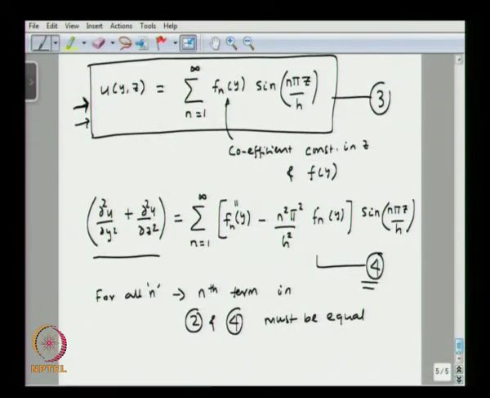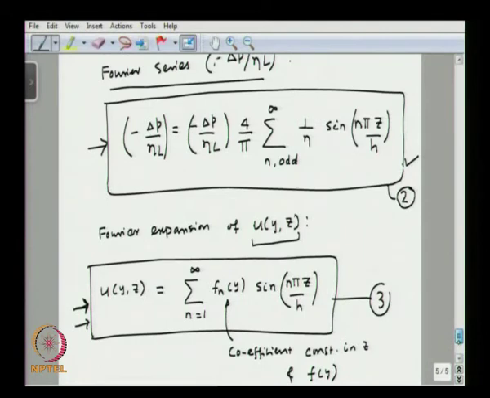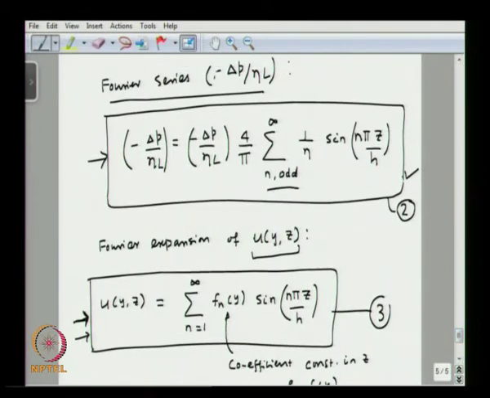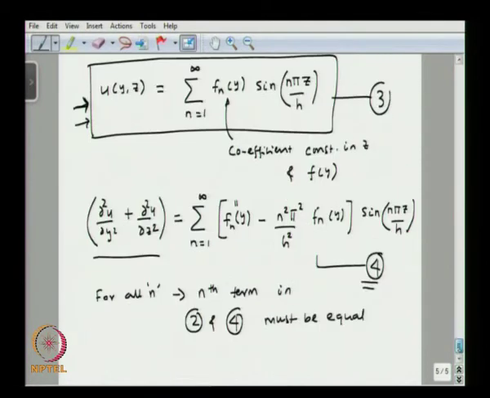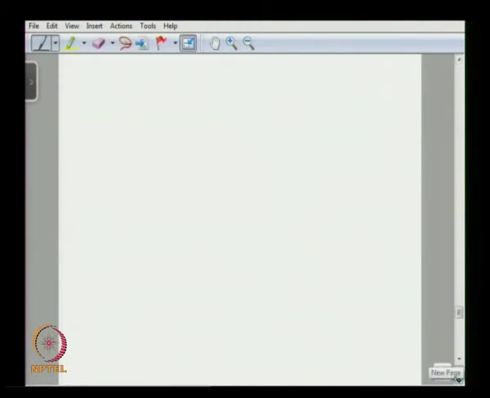So, here n is odd only. Okay. So, what we learn from there is f_n(y) must be 0 if n is even.